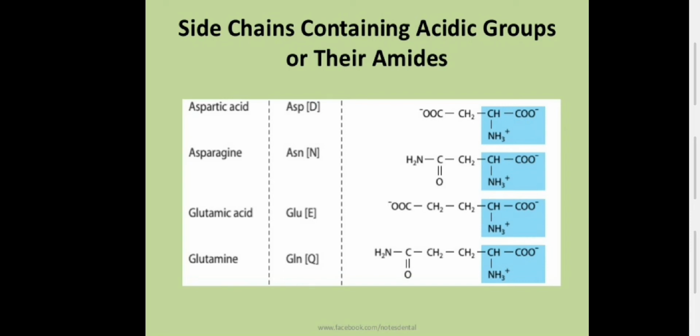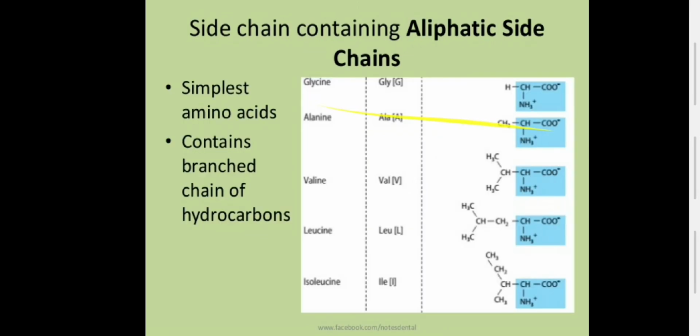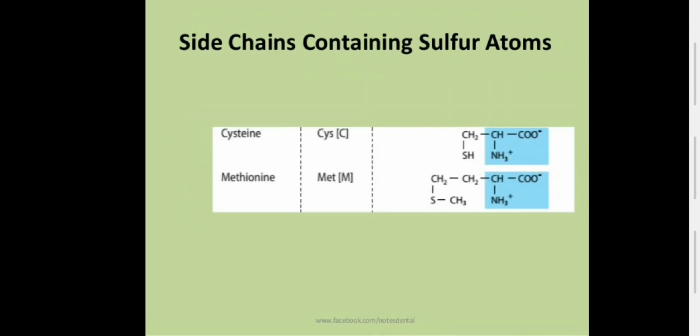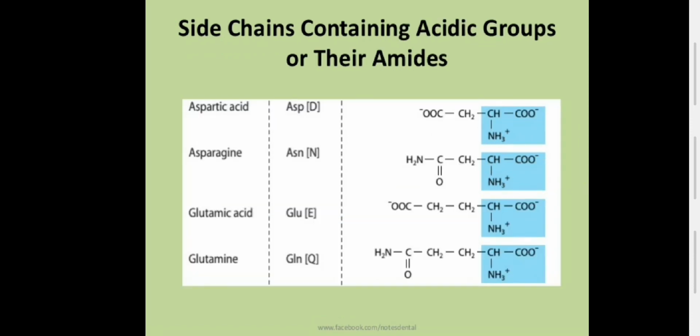So you have to familiarize yourself, not actually memorize, with those constant structures of the side chain groups. Always remember, we have the aliphatic side chain, the hydroxyl group, sulfur atoms, and acidic groups.